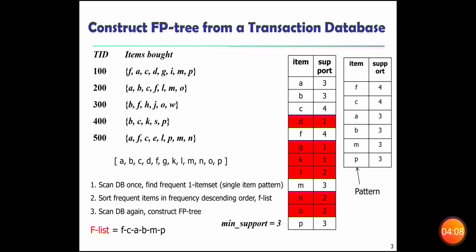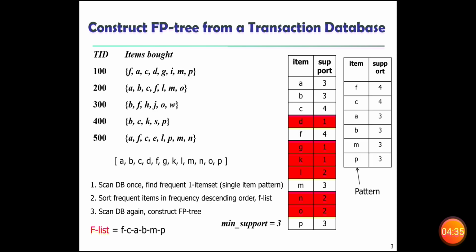In the slide you can see the minimum support we have taken is 3. We know very well the rule is that the support count must be 3 or greater. According to the rule, we check this table. Items having support less than 3 will be removed.